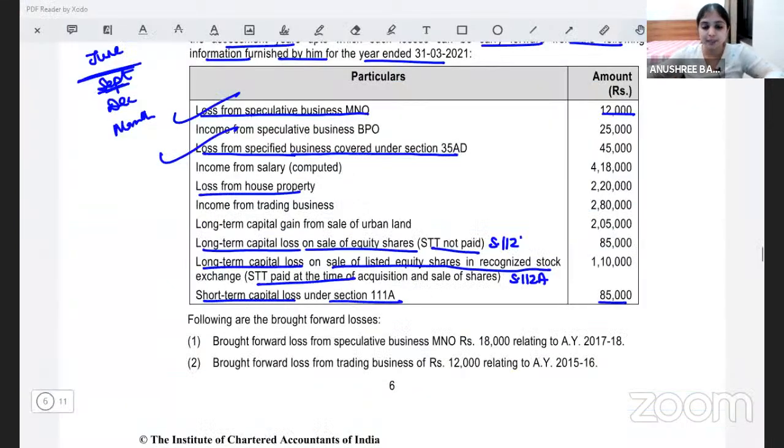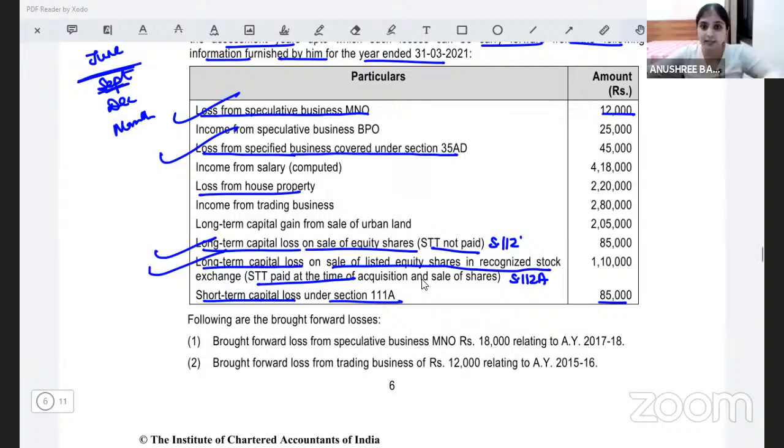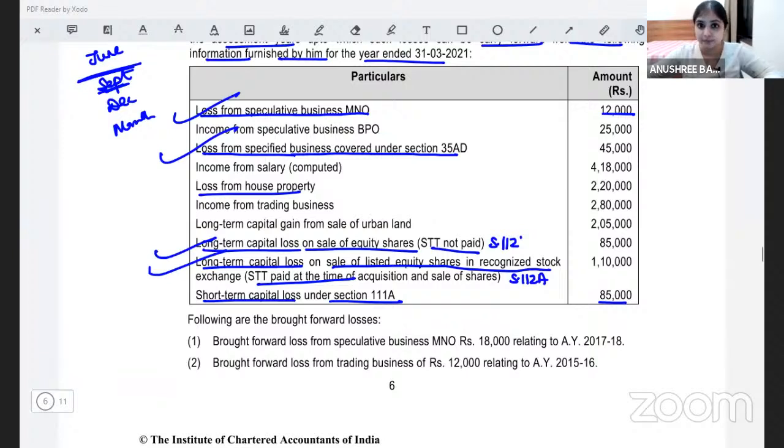We have short-term capital loss of 85,000. Do you remember the provision for STCL? STCL can be adjusted against STCG or LTCG, while LTCL only against LTCG. Out of the 85,000, 10,000 I can adjust, so I will be left with 75,000.